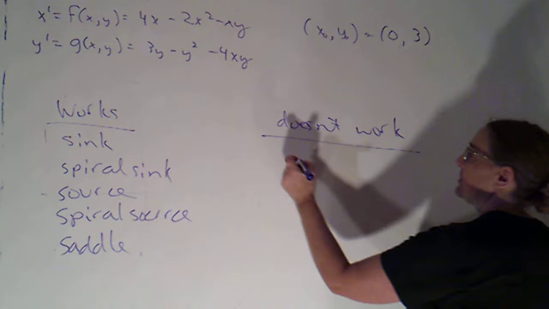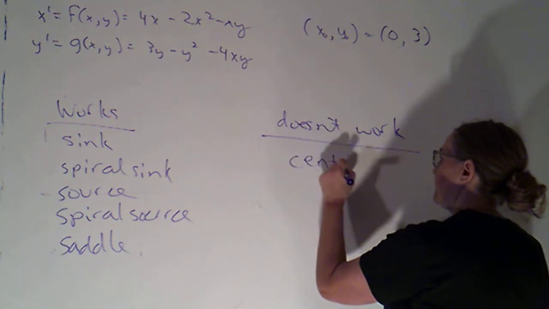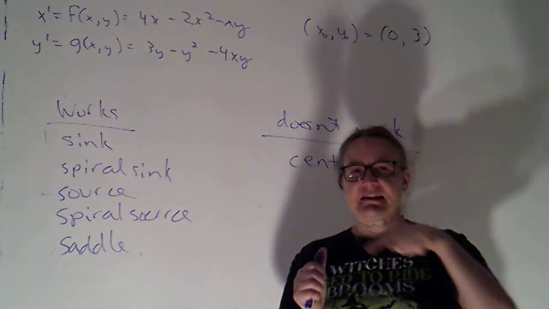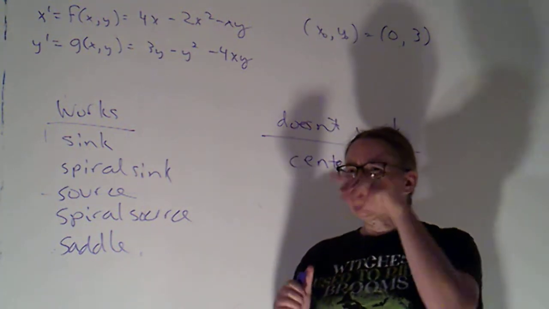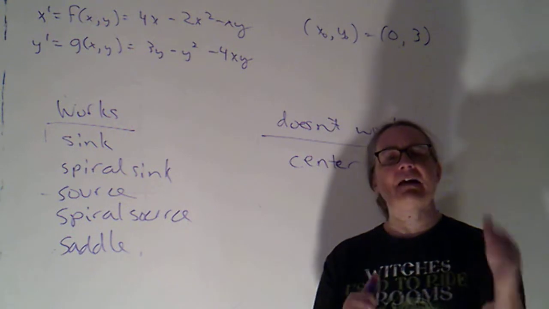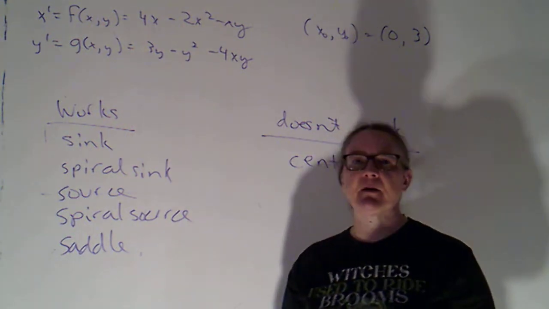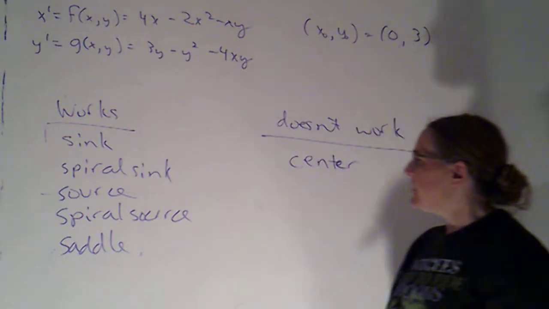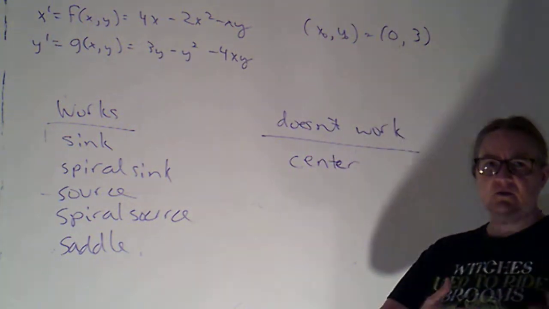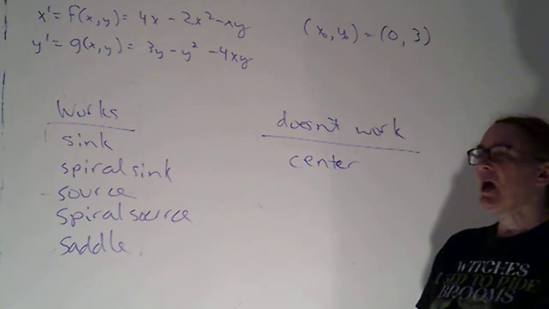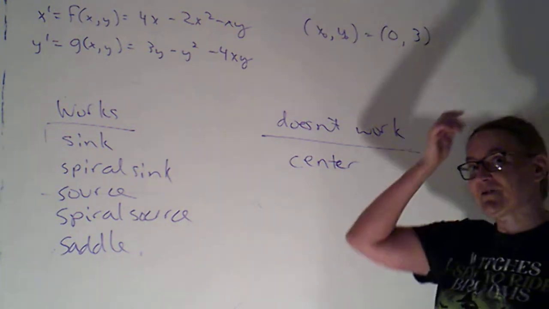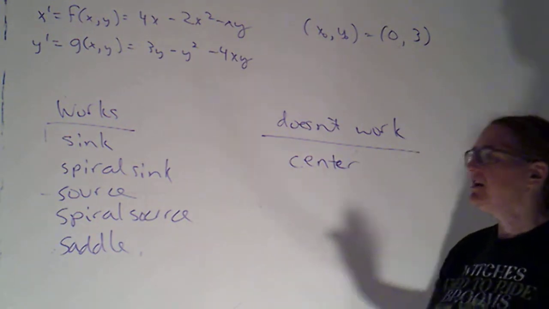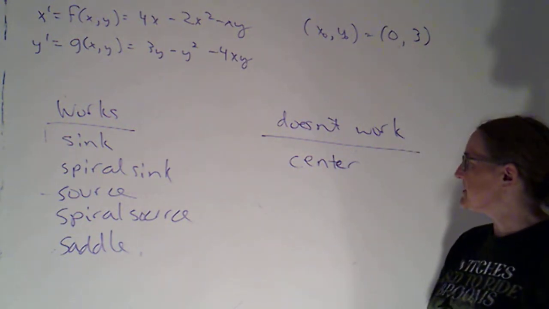It doesn't work if we get a center. And that kind of makes sense because a center, remember, was sort of the boundary between having a spiral sink and a spiral source. And just a slight tweak to the system could change things from being a center to a spiral source or a spiral sink. But it's possible to tweak the system in such a way that you get the same linear approximation for multiple systems. Okay.